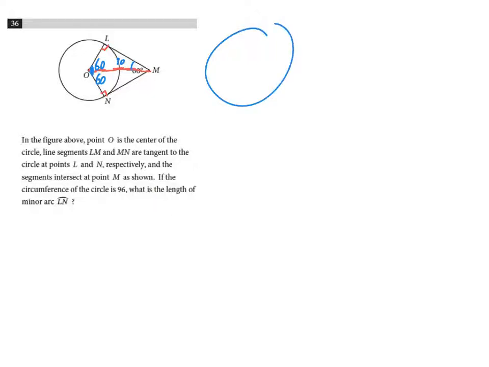Remember that the central angle is going to be equal to the arc measure in degrees. So the arc measure in degrees is also 120. So if this is 120, so is this. Well, 120 is a fraction of the whole circle.